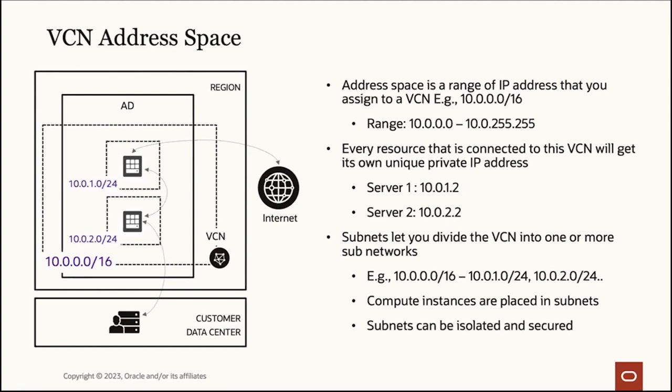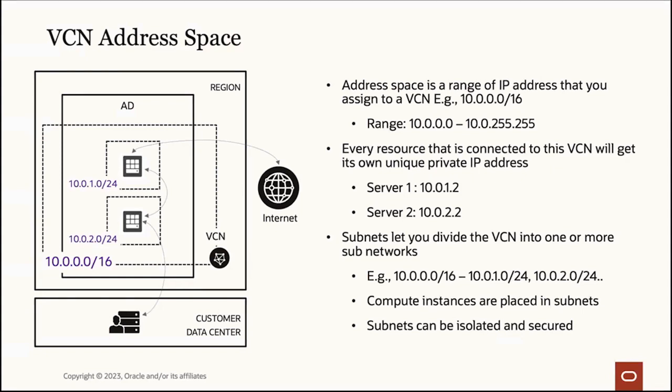Exactly. Thank you, Sunil. I also want to add to that. Even though you have two different choices for subnets, you can also mix and match and have both availability domain specific and regional subnets within a single VCN. And we'll also take a look at that in the console during our demo. Moving on to what types of subnets we have: private and public.